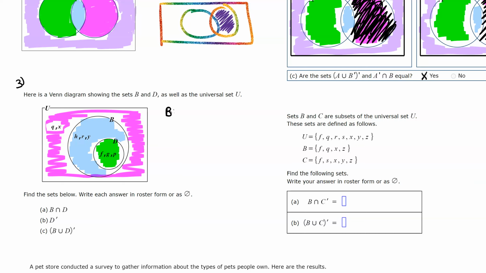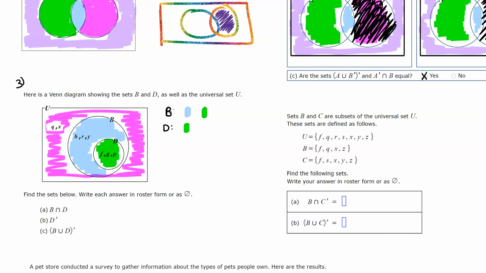Now that whole circle has another circle in it, right? So they're both part of set B. So B is blue and green. And then the D set is just the green part.